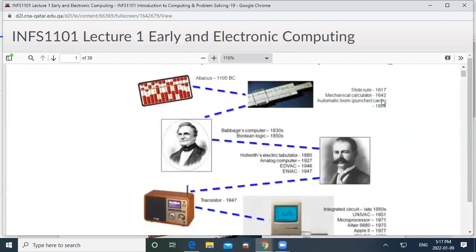Not really aware of that, but the slide rule, believe me, in 1971, I was using a slide rule. According to this, that was invented in like 1600, in the 17th century. What's that, like 300 something years ago, right? But I was using one only 50 years ago. So we still had them. It was a very nice way of doing calculations.